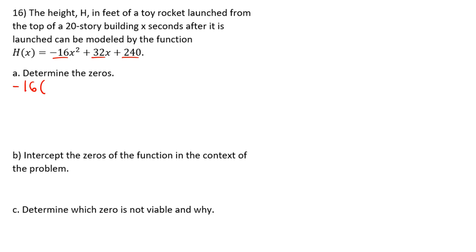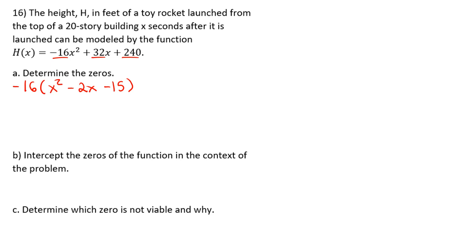So -16 divided by -16 is 1. So I have 1x squared. 32x divided by -16 is going to get me -2x. 240 divided by -16 is -15. And so there was definitely a GCF of -16 here.